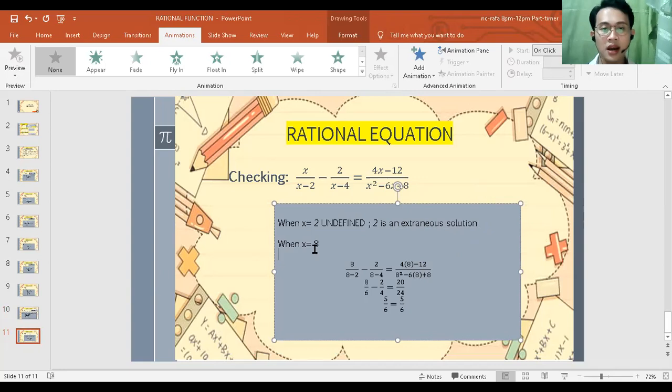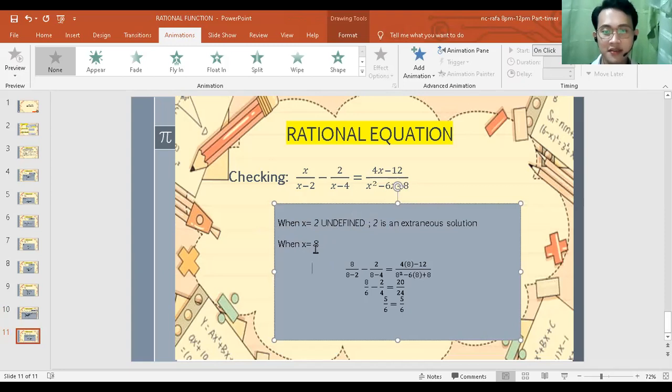And those values of x that satisfy our equation, we call the solutions of the equation. So I write it down here: x is equal to 2 is undefined. You can try it on your own on your paper by substituting the value of 2.